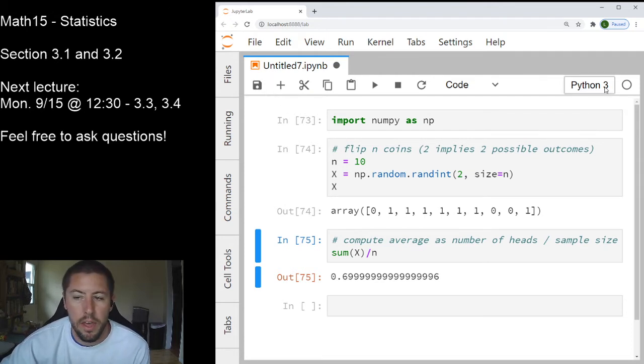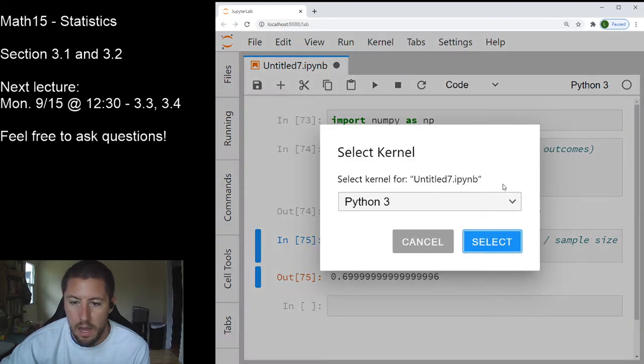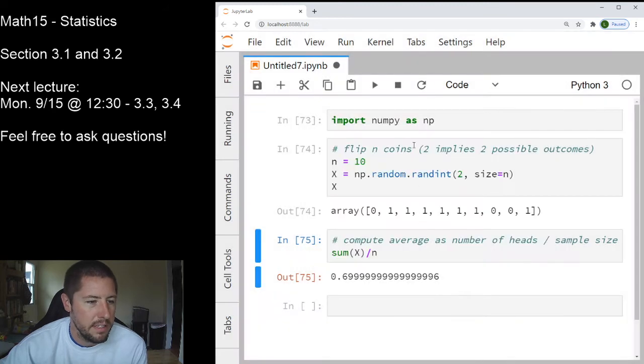But the very cool thing about Jupyter Notebook and Jupyter Lab is that regardless of what programming language you like to use, they support over like 300 different programming languages that you can write in this sort of cell style thing.